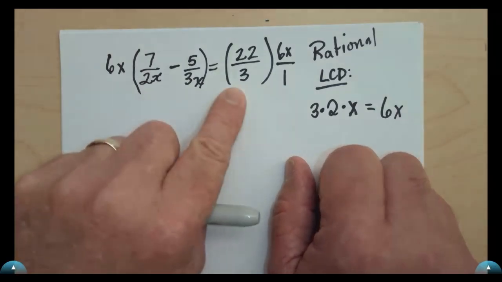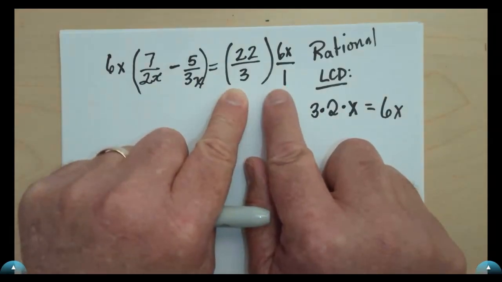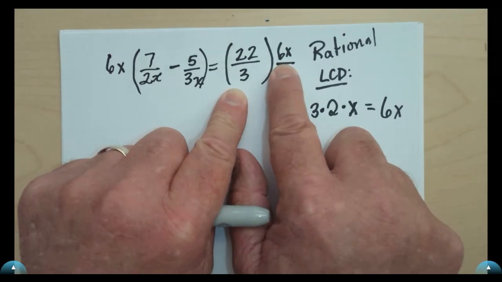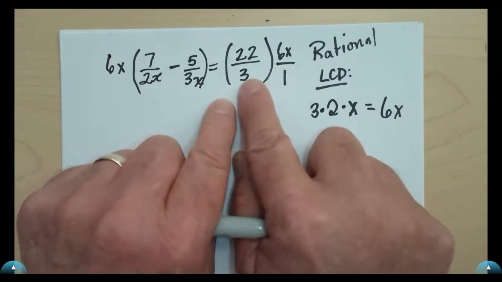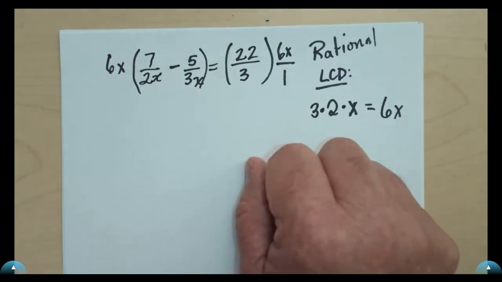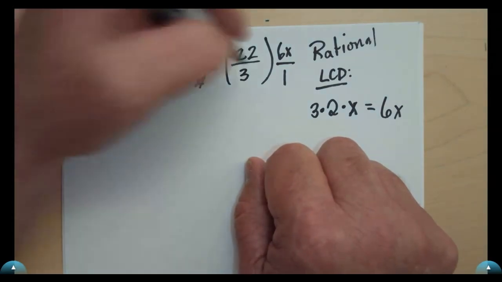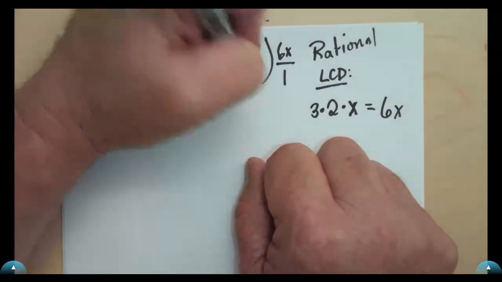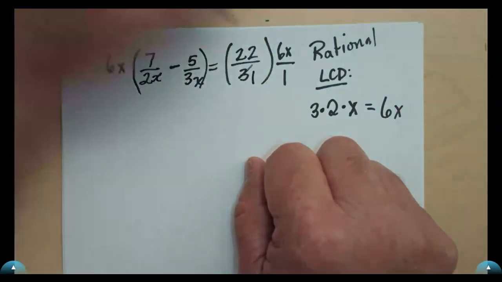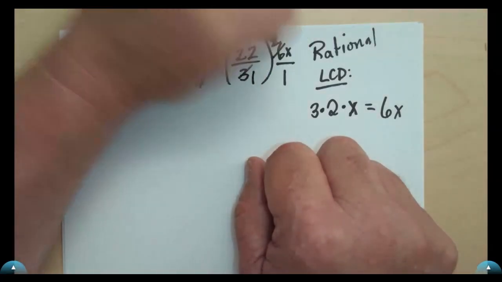Well, notice 3 is a common factor. It's certainly a common factor of 3. It's also a factor of 6. So we can cancel that 3. And of course, that's the entire point, is we're going to wipe out these denominators. So we can just say that 3 divides into 3 one time, 3 divides into 6 2 times.